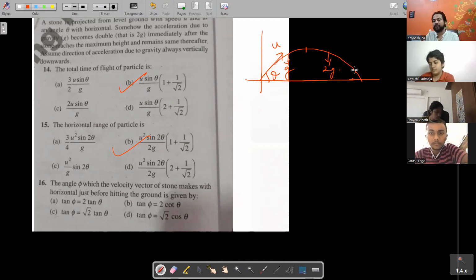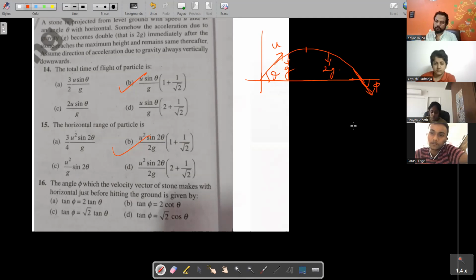Just before hitting the ground, it will hit here, like this. So phi is the angle that it makes with the horizontal. After hitting the ground, I don't know, it will depend on the bounce, right? But just before hitting the ground, it will be like this, so it will make some angle with the horizontal.